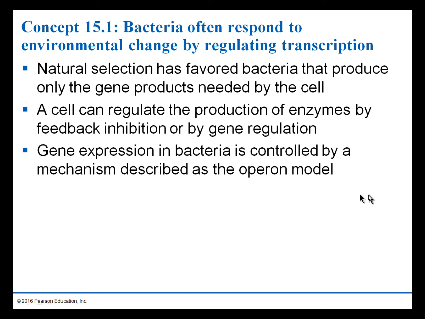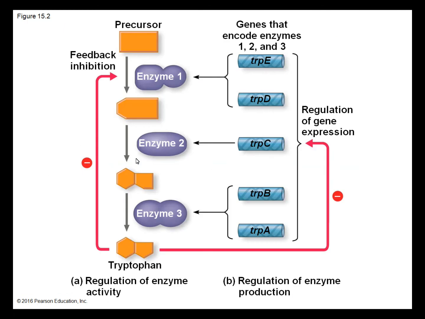Those are called operon models. So here's an example of regulation of the gene and the pathway by feedback inhibition and the regulation of gene expression. The purpose of this pathway is to produce tryptophan.